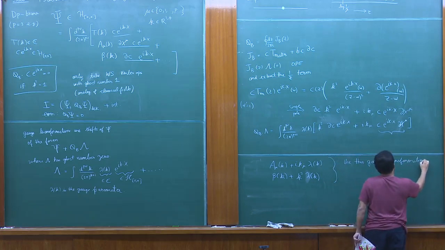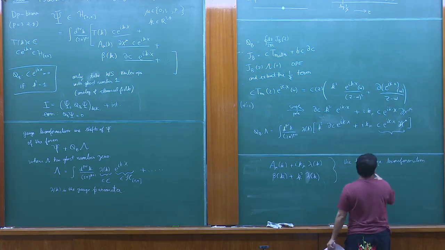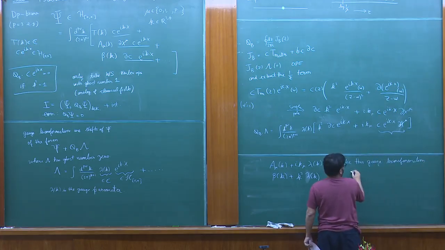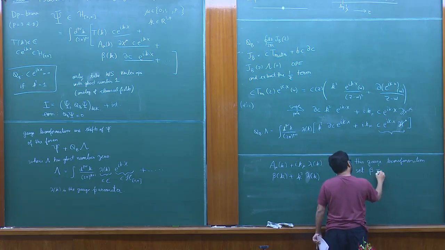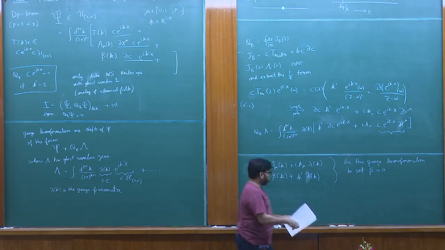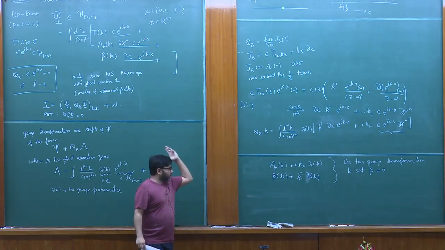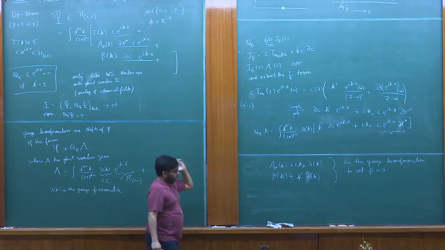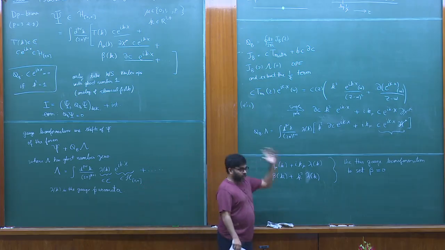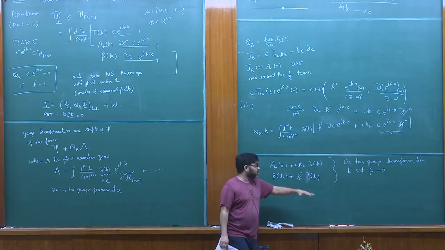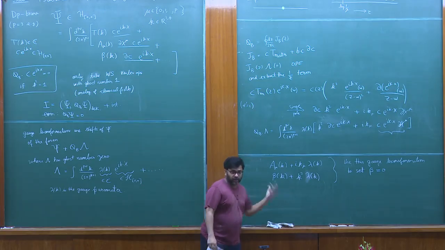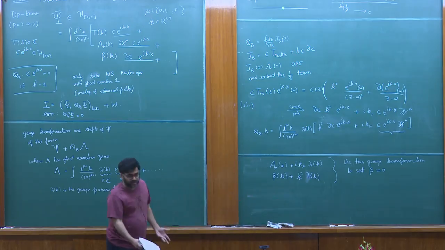No, this is just some beta that I defined there. Use this gauge transformation to set beta equal to 0. Right? Because beta is shifting under the gauge transformation. So if I had an arbitrary field configuration, A mu and beta, I can apply this transformation and on the gauge orbit, find a representative with beta equal to 0. So that is why in the worldsheet you don't see this beta field.